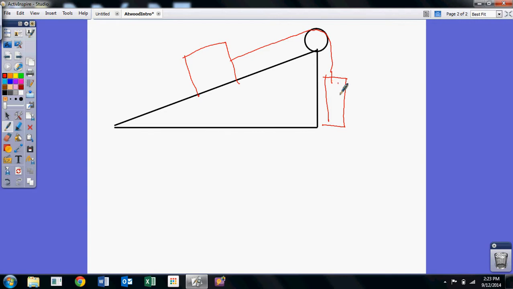It depends on the masses and the angle whether the block on the incline is going to slide down the plane or up the plane. But it's the same kind of situation, and you do the same sort of thing.